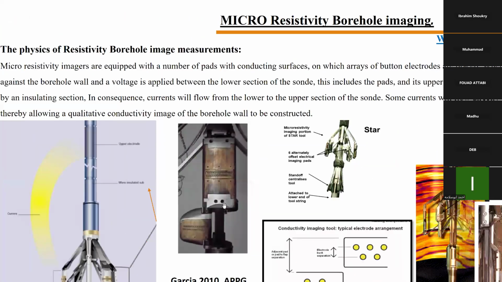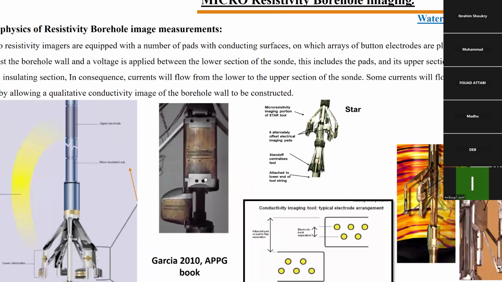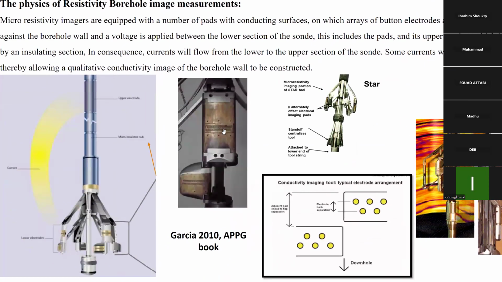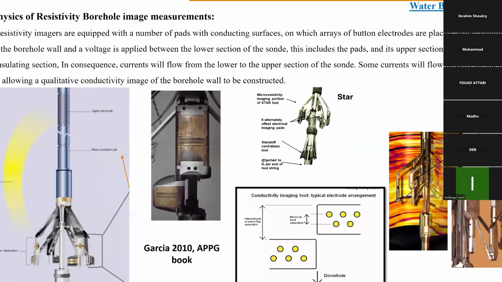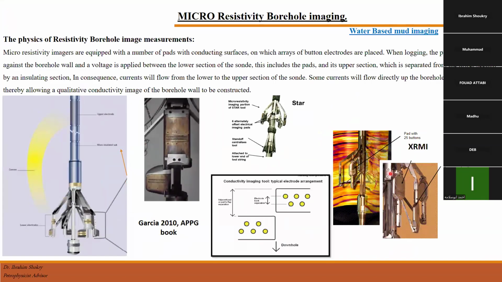So we have 25 resistivity curves multiplied by 6 arms, such as in the XRMI, the Halliburton tool, and we have 150 resistivity curves per single foot.